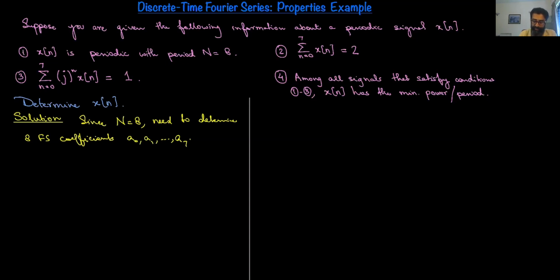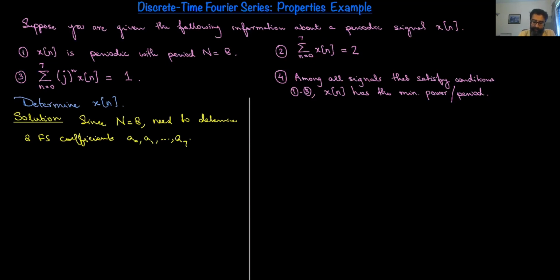In order to determine these Fourier series coefficients, the first thing I look at is condition number 2, the information in point number 2, and try to see if this has anything to do with the Fourier series representation. A little bit of thought reveals that this is related to the DC component, the A naught coefficient.